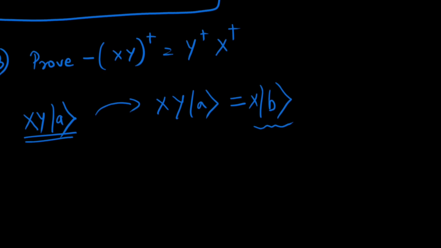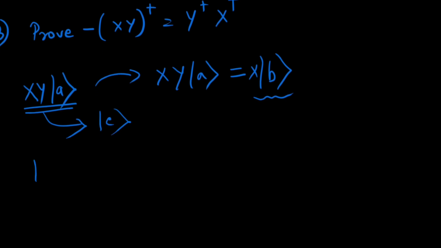So this will also eventually give us a state, so let's call that state C. So we have the state C equal to xy acting on A, which we can write as x acting on B.